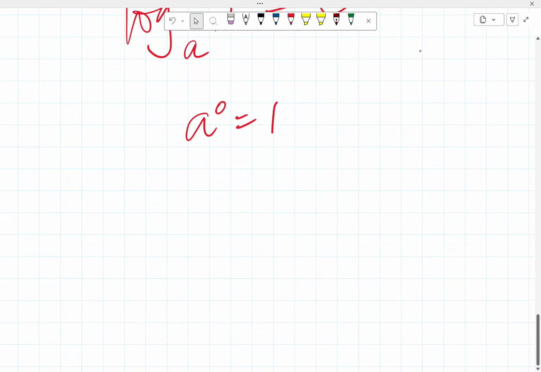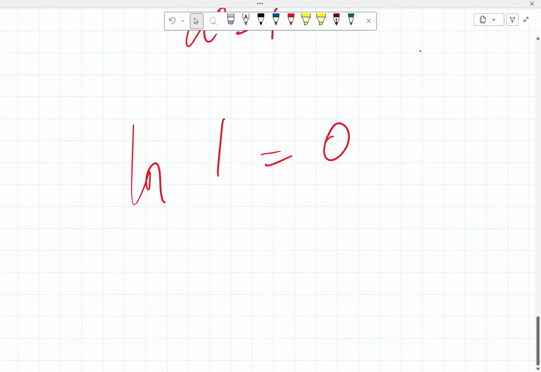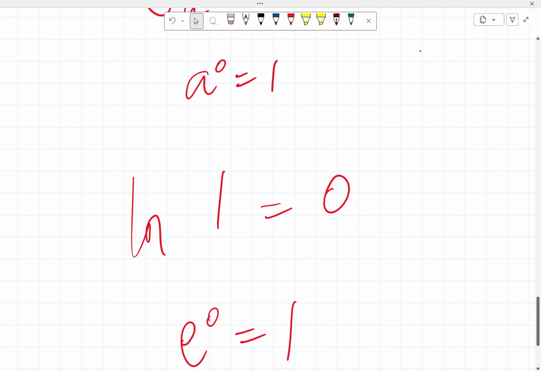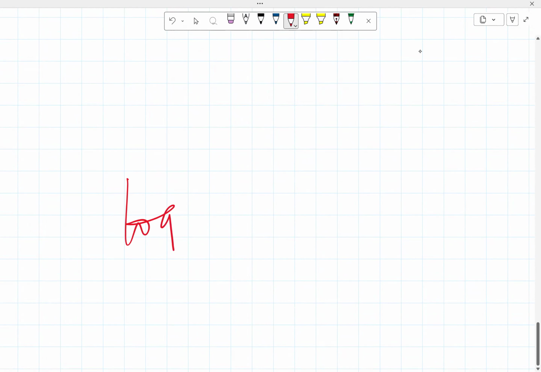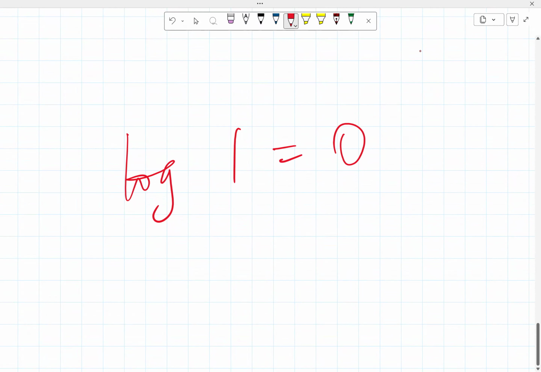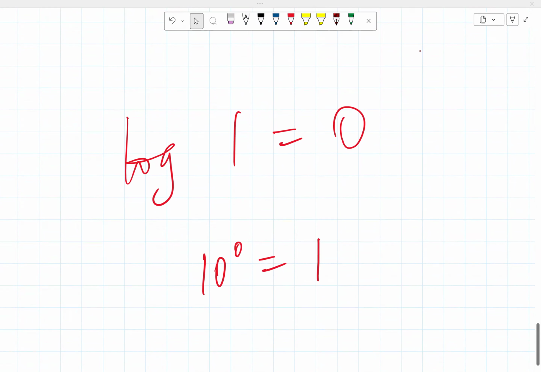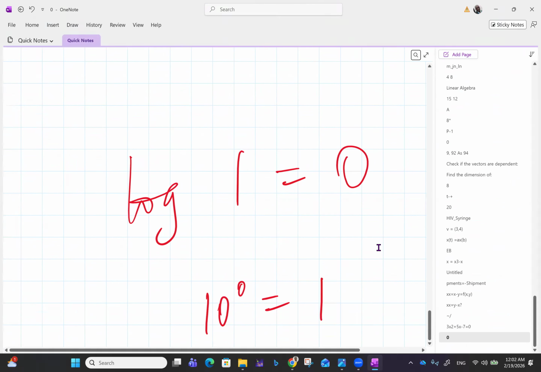So ln 1 equals 0 still, because e raised by 0 is also 1. And log 1 is always 0, in fact. Here, since the base is not written, that means 10 raised by 0 is equal to 1. So the log of 1 to any base at all is always 0, because any number raised by 0 is equal to 1.